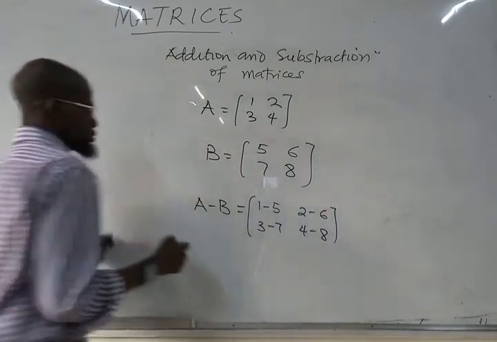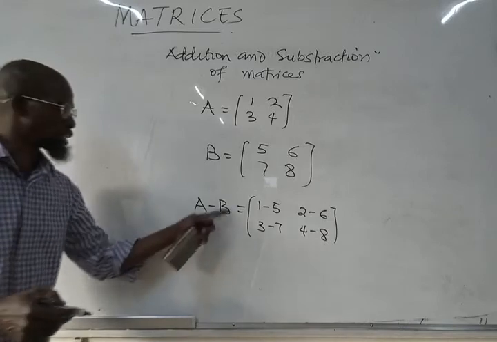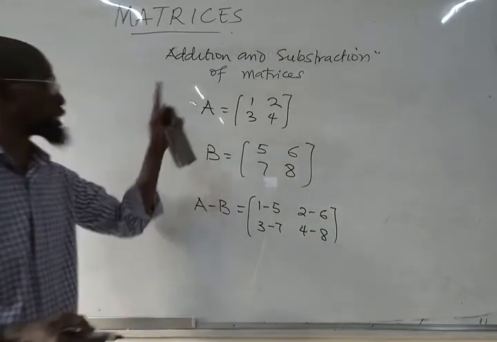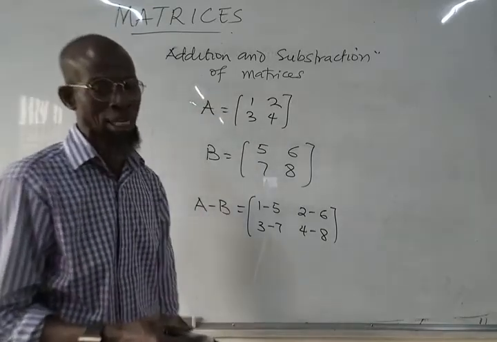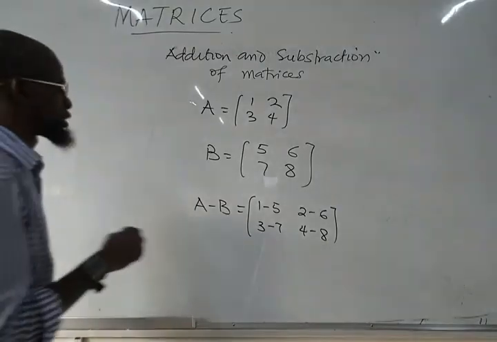You can see, because the position is A minus B, not B minus A, A must always come first. The element of matrix A must always come first before the element of matrix B.